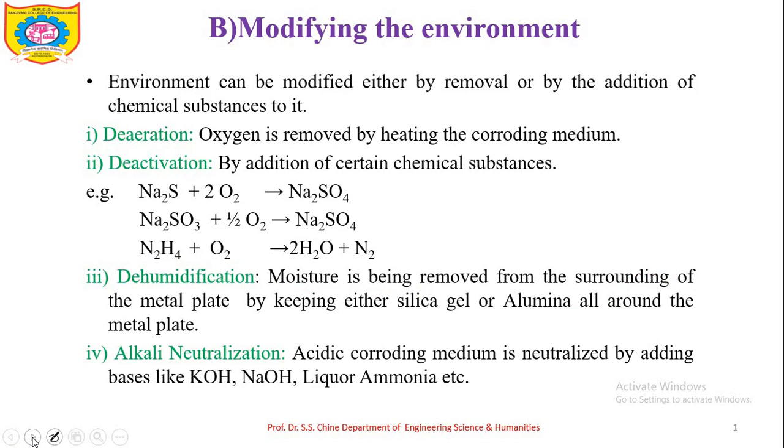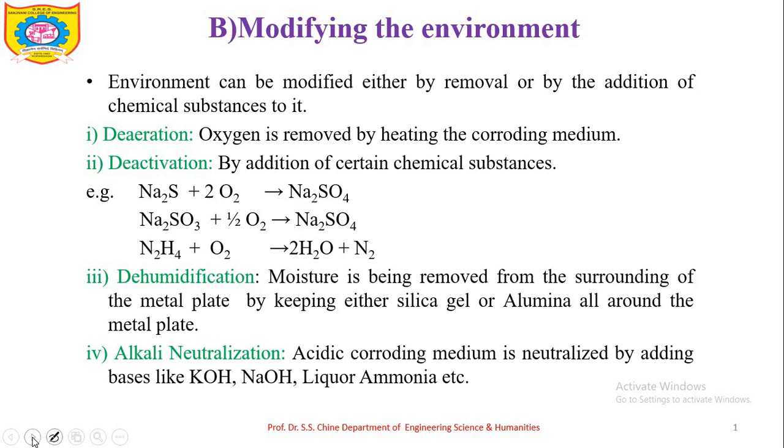Now the second method to control the corrosion is modifying the environment. So modifying the environment means what? You have to modify the environment either by removal or by the addition of chemical substances to the environment. So we know which factors increase the rate of corrosion.